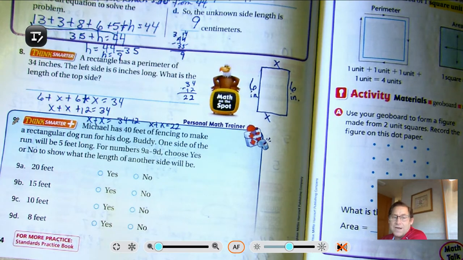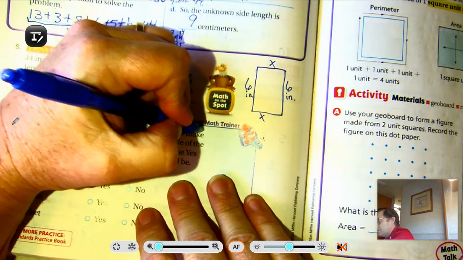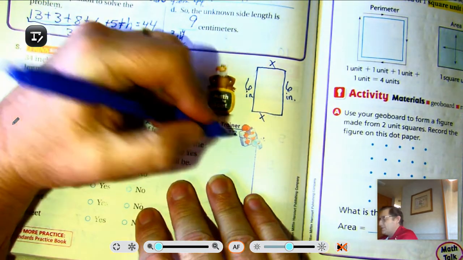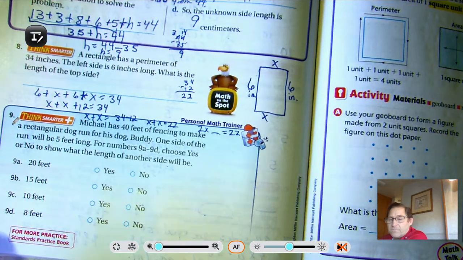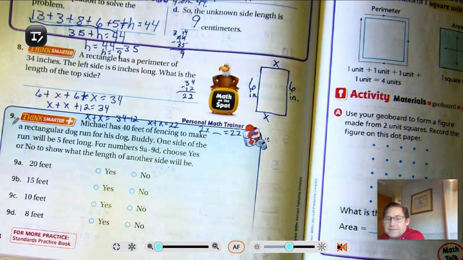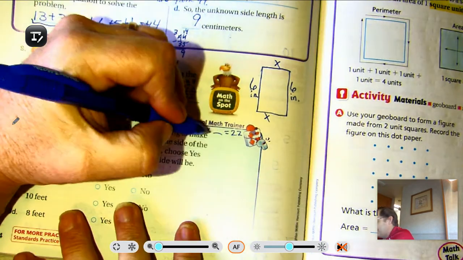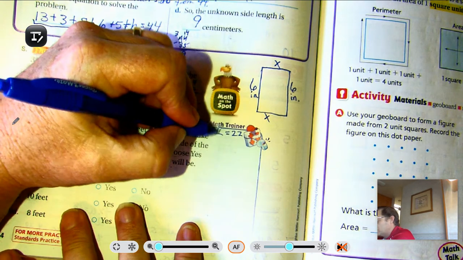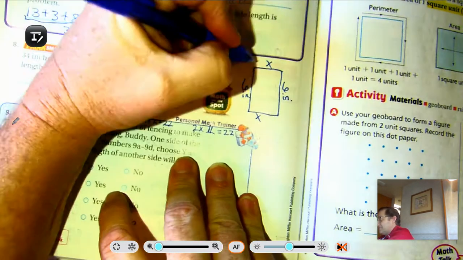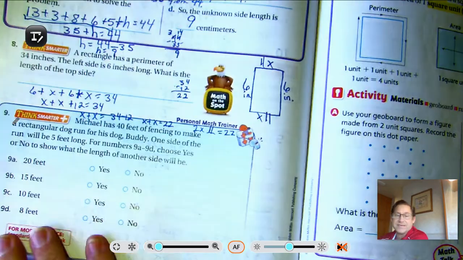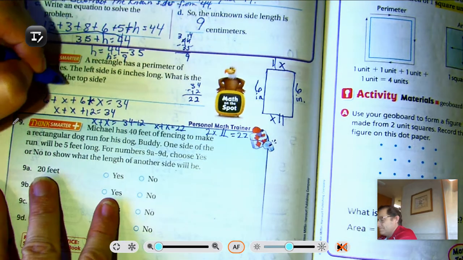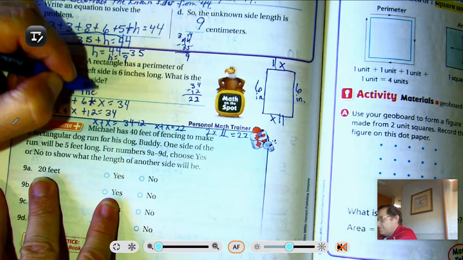2 times what is 22? Well, we previously had a problem where we found that 2 times 10 was 20. So 2 times 11 equals 22. So these missing sides have to be 11 inches.